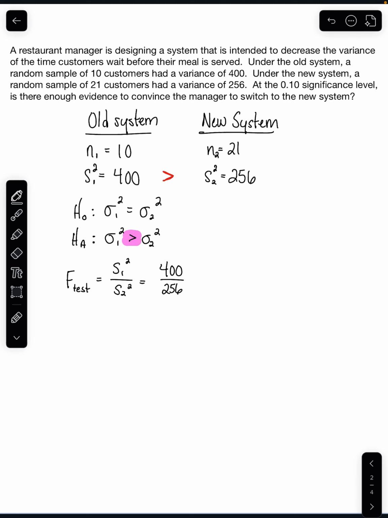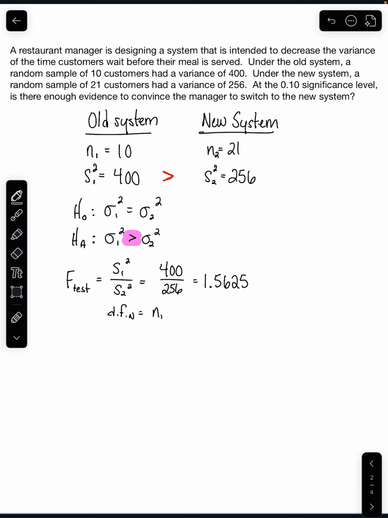Which, as usual, will give us a decimal value that is not the best to use, but we will use our calculator to not have to round it. In this case, we fortunately have a number of decimal places that is manageable, so we can just type that in directly. We also need the degrees of freedom of the top and bottom.